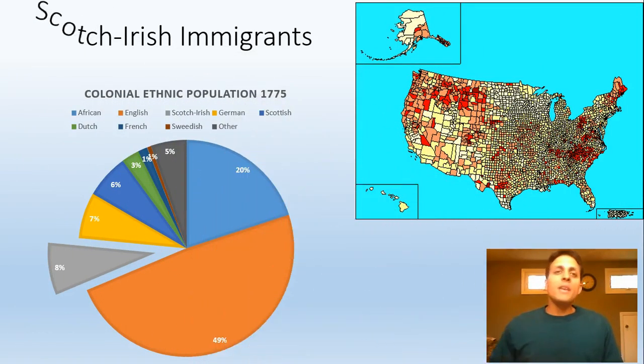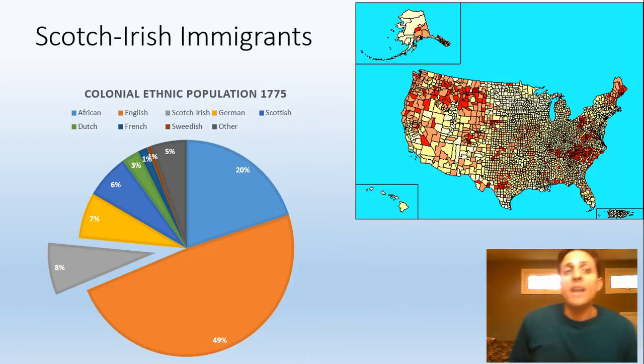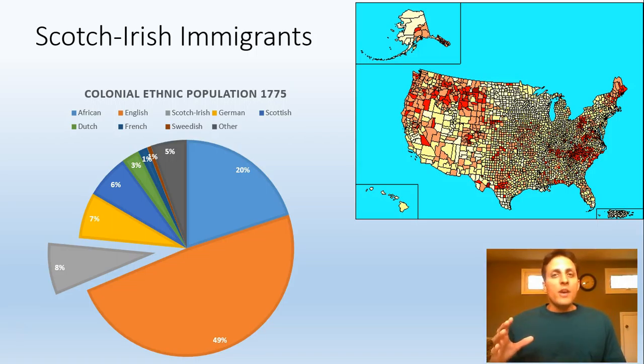So one of your big immigrant groups of the colonial age are the Scotch-Irish immigrants, and they're moving to this backcountry area. Some of them are coming as indentured servants. Some are trying to purchase their own land, but they're primarily ending up in that backcountry part of American society. That's an important distinction of colonial immigrants to understand. When we think of immigrants, we mostly think of the later generations of immigrants who are coming to factories, who are coming to the more established northeastern cities of the early 1800s and late 1800s.